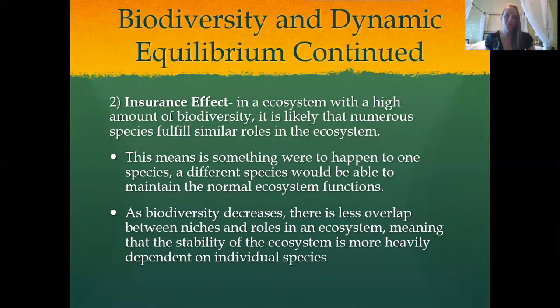The second reason why biodiversity is so important for dynamic equilibrium is something called the insurance effect. If you have an ecosystem with a lot of biodiversity, you're probably going to have organisms with overlapping niches.